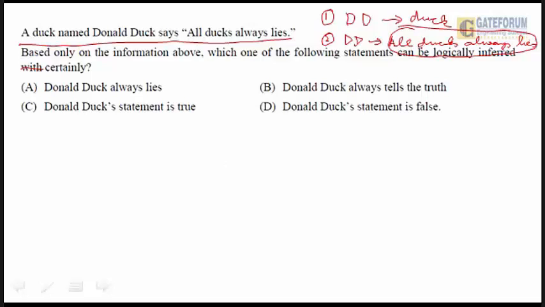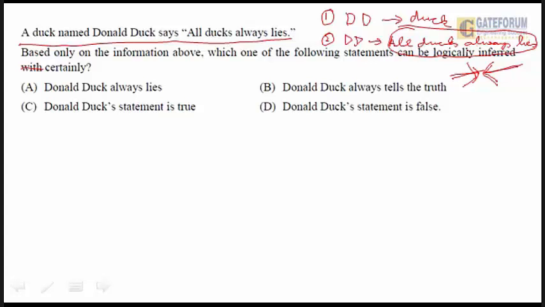So that is a contrast. They are contradicting each other. On one hand, it is said that Donald Duck is saying the truth. If I assume Donald Duck says the truth, and on the other hand, the truth is what? All ducks always lie. Then how can this sentence be the truth?